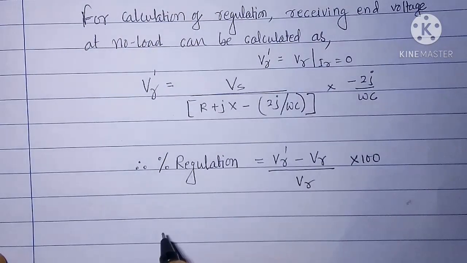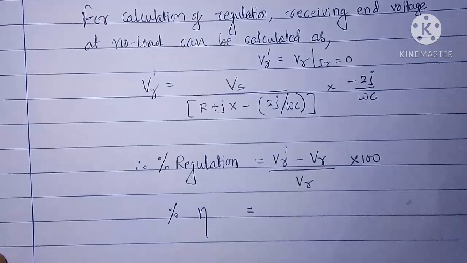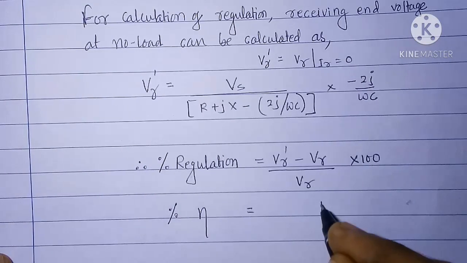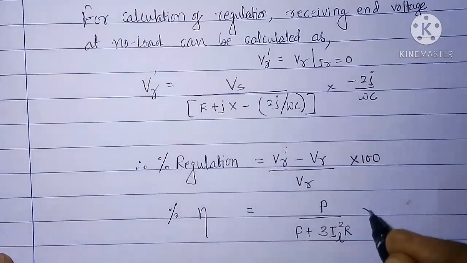And percentage efficiency of network is now given by P divided by P plus 3 into IL square into R into 100.